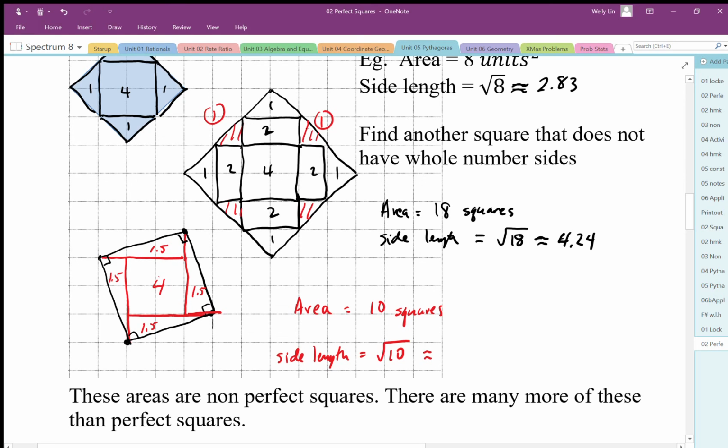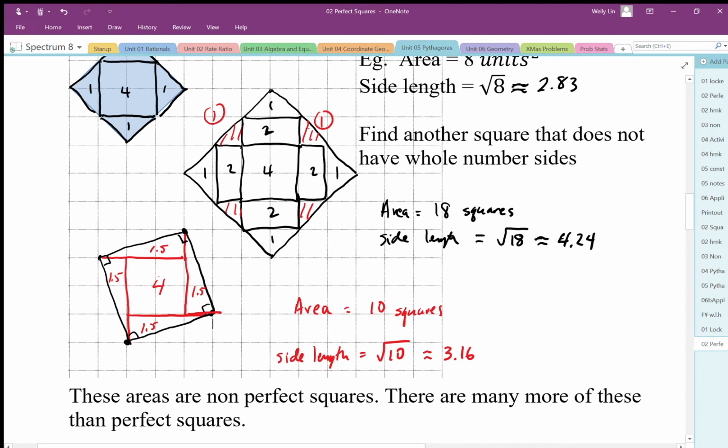So when we take the square root of 10, we end up with 3.16 approximately. So when I round it, it's going to be about 3.16. Okay, and that makes sense because it's going to be a little bit bigger than a 9 square, which has side length of 3. So 3.16 sounds about right.